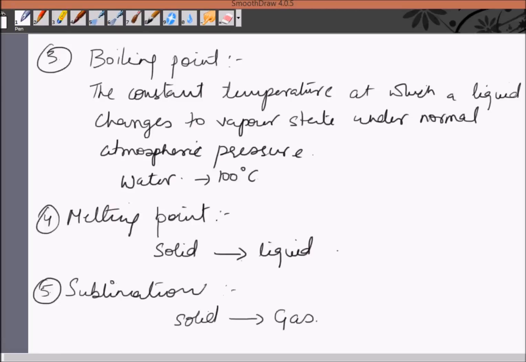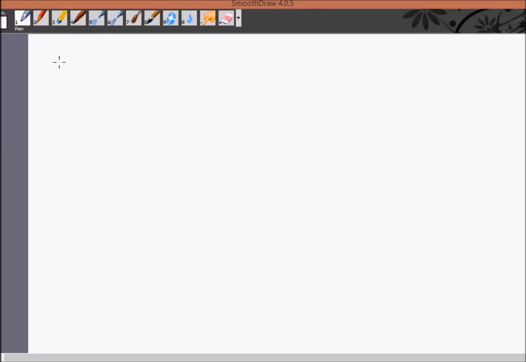What are the other properties on which the separation of a mixture depends? One of them is evaporation.